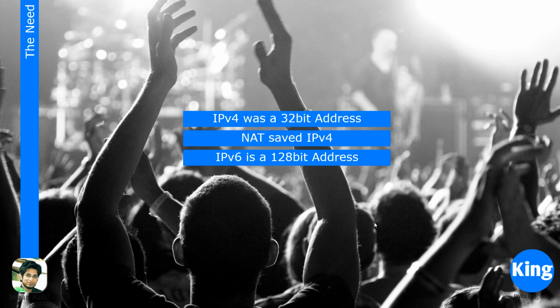But today, in retrospect, we know that that was not so. IP version 4 would have run out of IP addresses if a technology called NAT was not invented, right? NAT literally saved IP version 4. IP version 4 would have run out of address space at least 20, 25, 30 years ago.